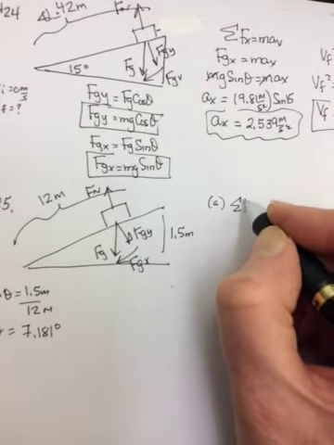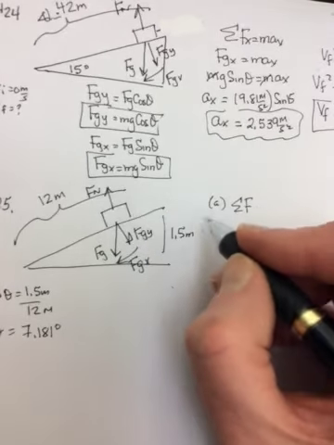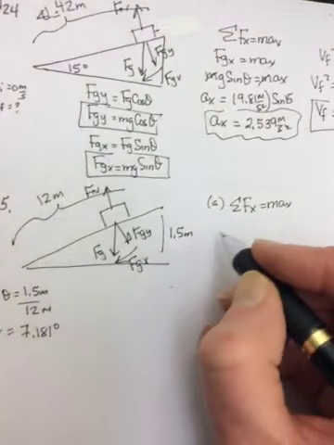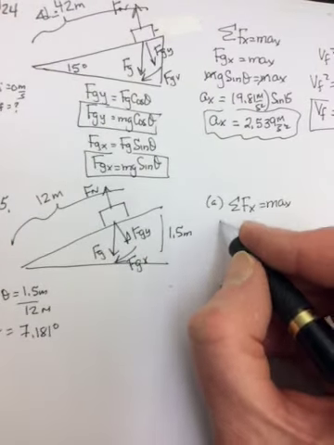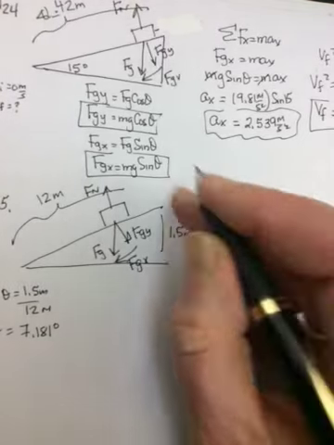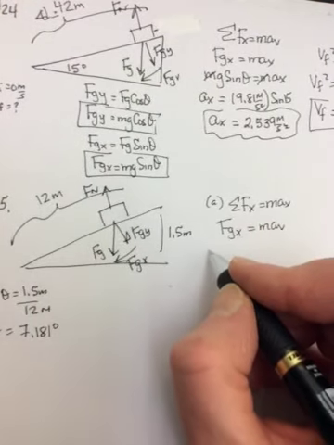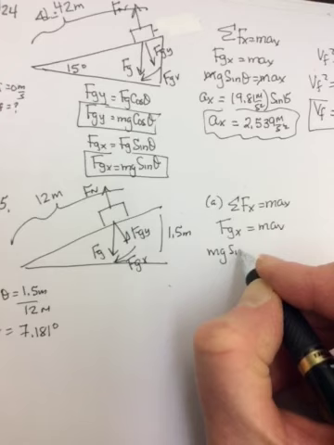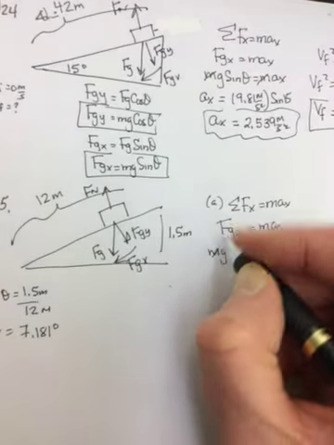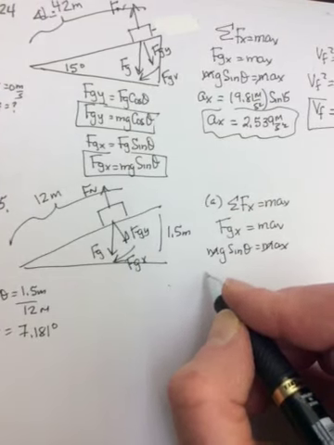So if we're ignoring friction, we don't have to do the y direction, just the x direction. And the only thing that's acting on the incline in the x direction is FGX. So FGX is going to equal MAX. FGX, we found it right up there. It's MG sine theta is equal to MAX. So part A of this question is identical to the one before it.